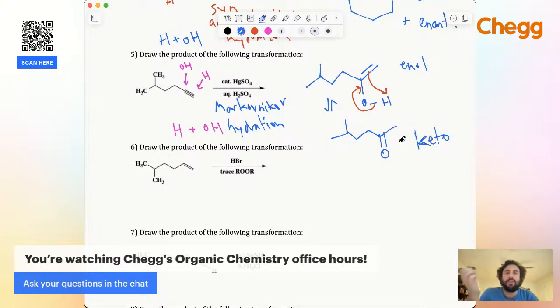And the carbonyl is very thermodynamically favorable. The more polar bonds you have, the more energetically favorable. There's something about the polarization there, oxygen bound to carbon, that brings the system to a lower energy. And so the keto tautomer is typically preferred thermodynamically. Again, there are counterexamples, but in this case, that is it.